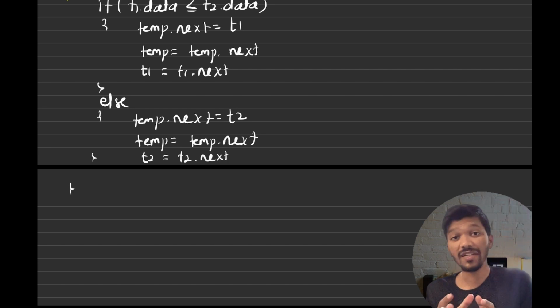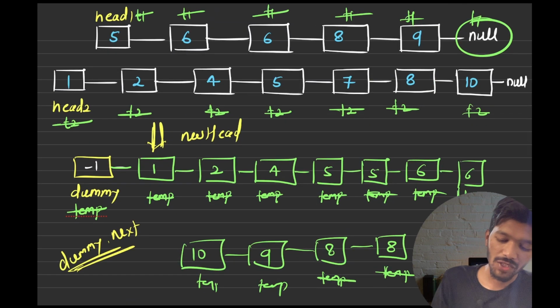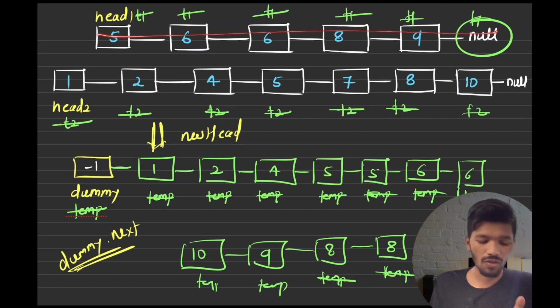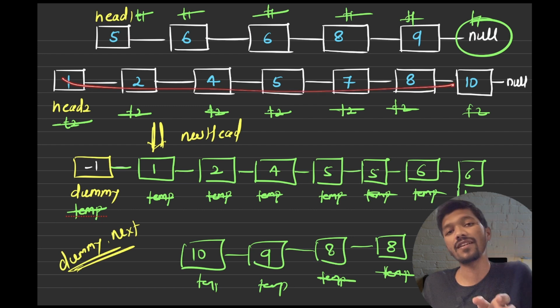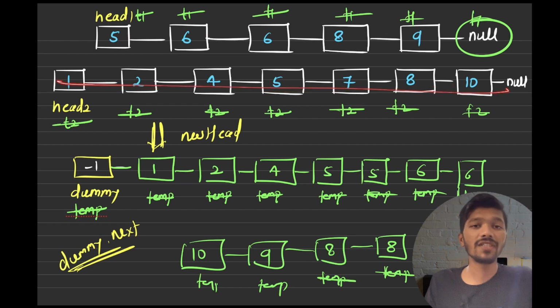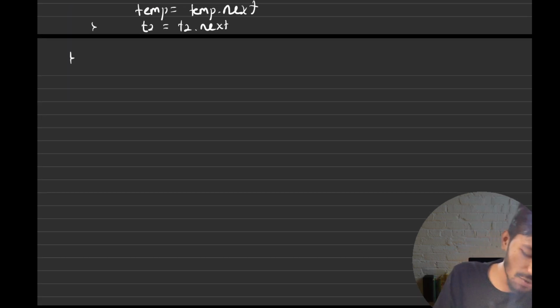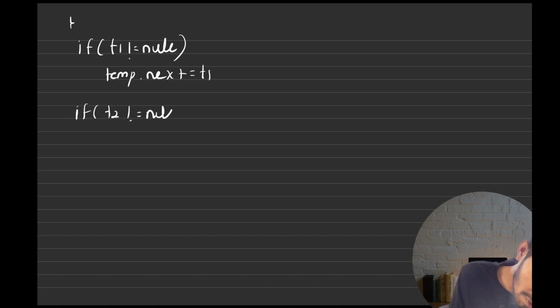Now there might be a case where you end up at the end of the first linked list and there are some elements present in the second linked list, or you are completely done with the second list and some nodes are present in your first list. So we can check: if T1 is not equal to null, I can simply do temp.next equals T1, or if T2 is not equal to null, I can simply do temp.next equals T2.